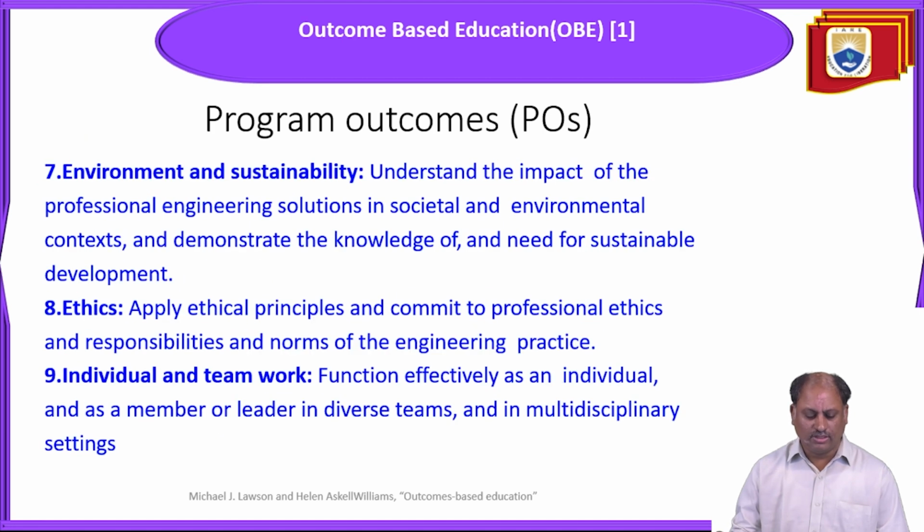The seventh one is environment and sustainability. Understand the impact of professional engineering solutions in societal and environmental contexts and demonstrate knowledge of the need for sustainable environment. The eighth one is ethics.